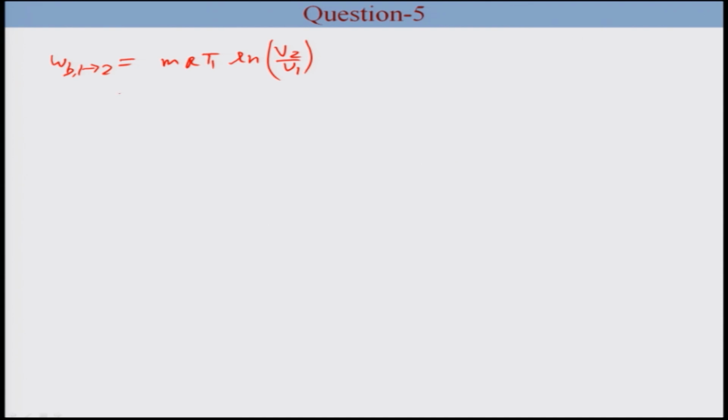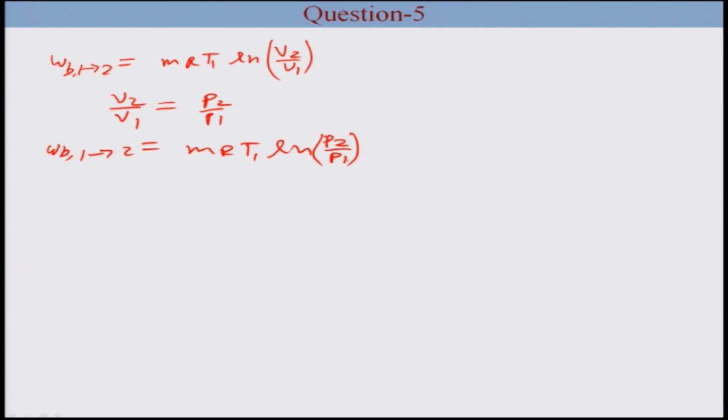But for an isothermal process, V2 upon V1 equals P1 upon P2. So from here W_B 1 to 2 will be m R T ln of P1 upon P2.